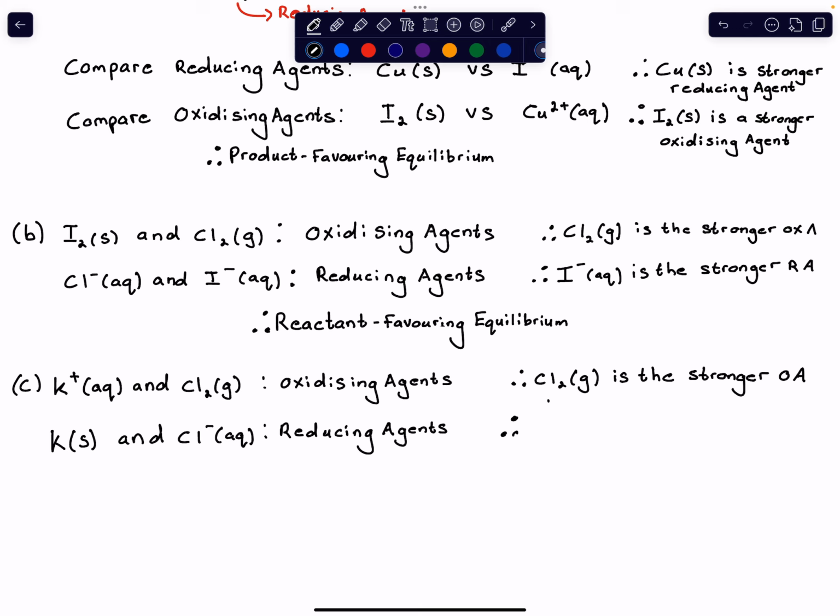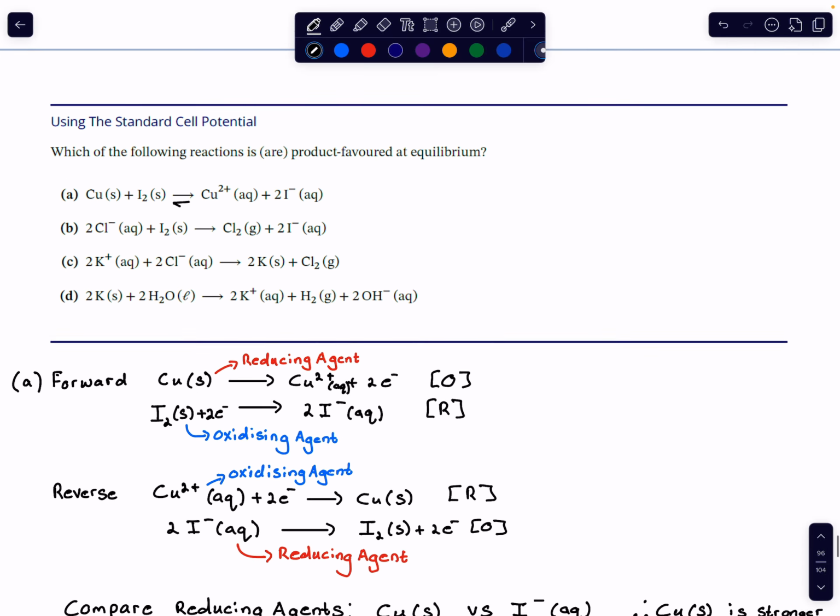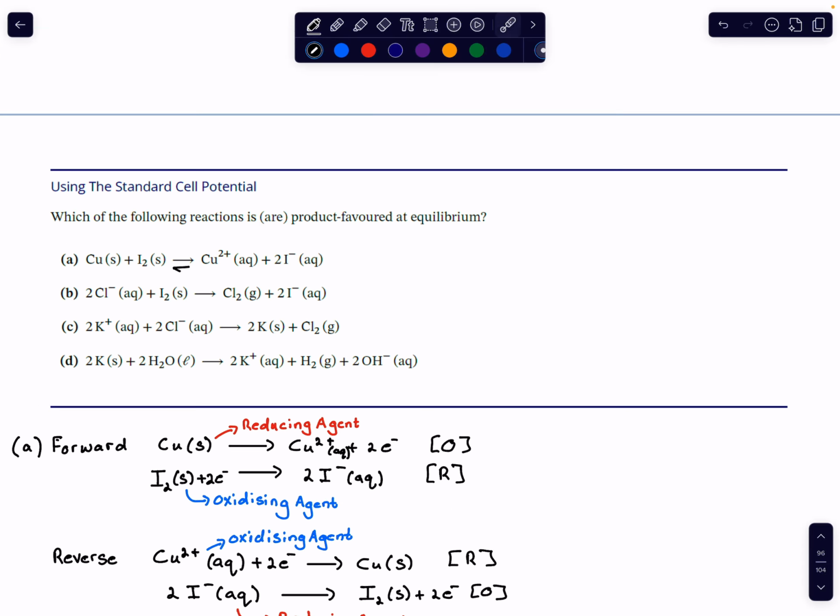Right. So that means potassium solid is the stronger reducing agent.